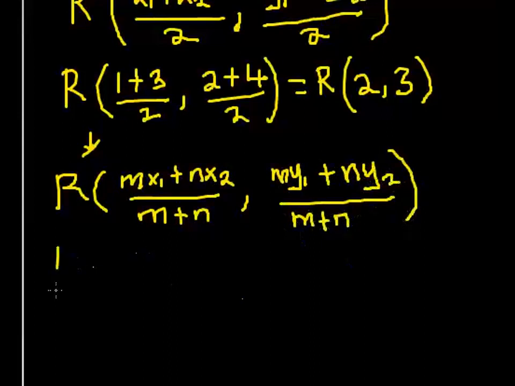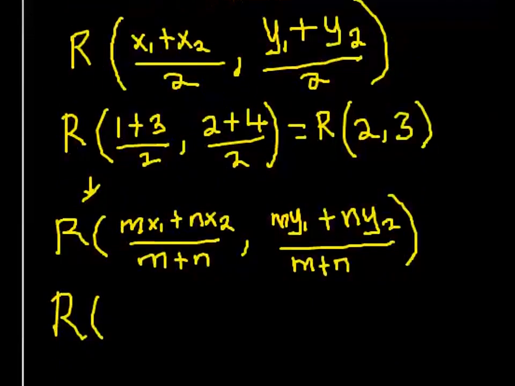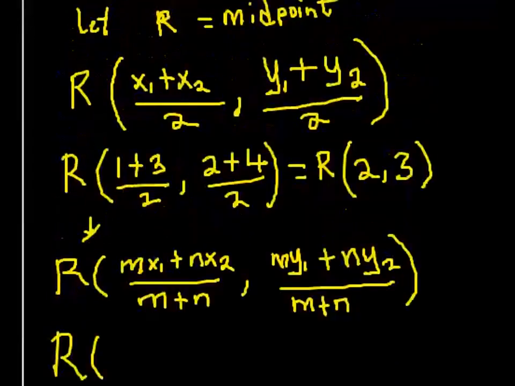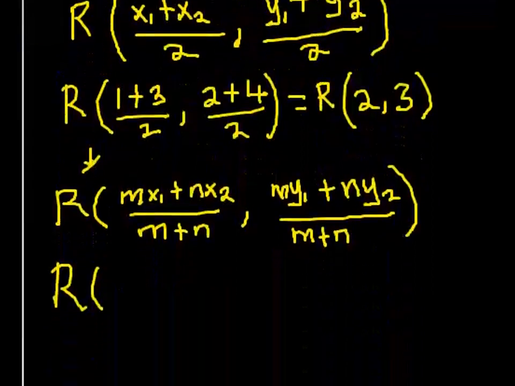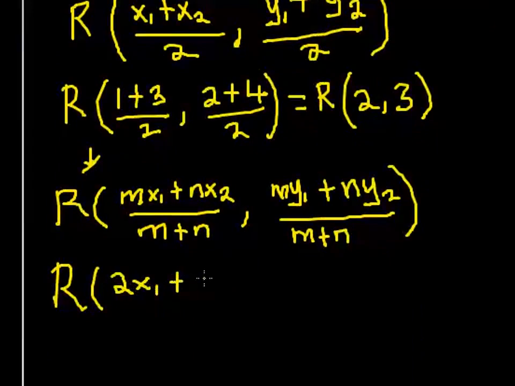Okay, so this is going to be, here we go, m is 2, right? So it's going to be 2x1 plus 1x2, okay? 1 times x2 is still x2, divided by 2 plus 1, that's 3, comma.